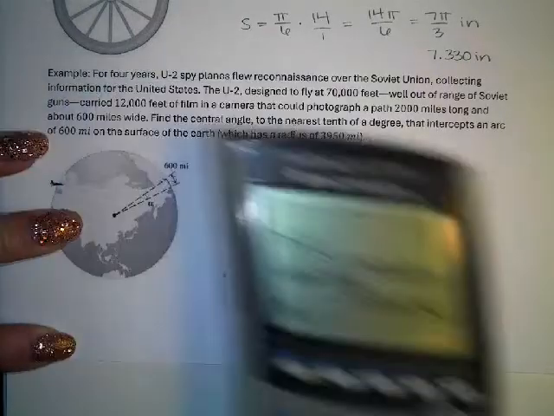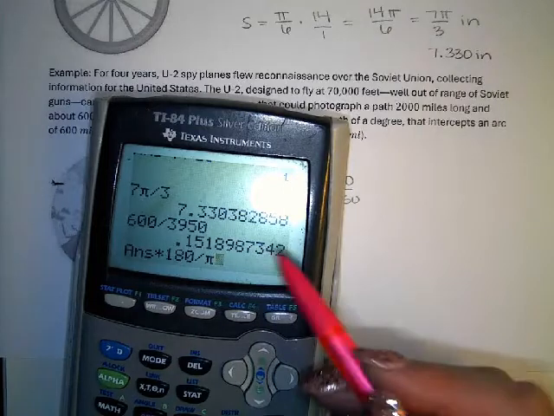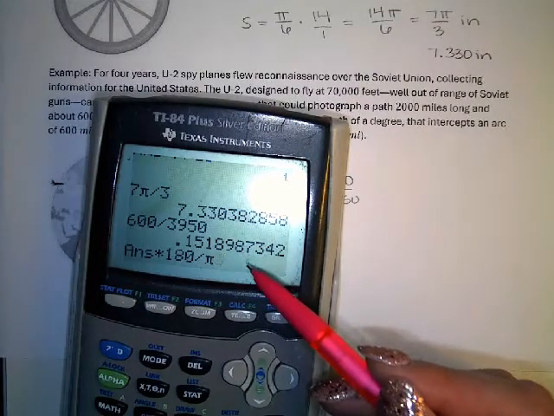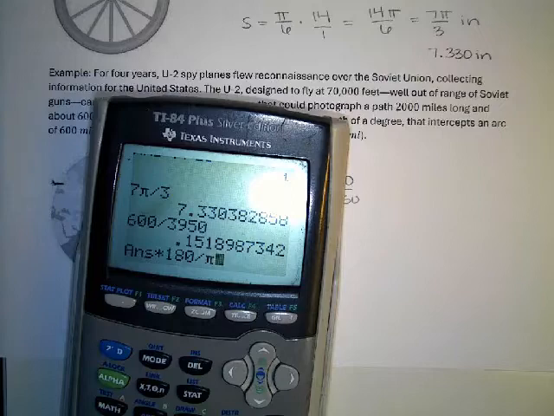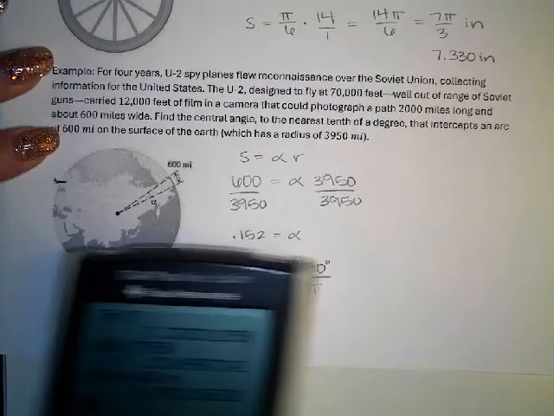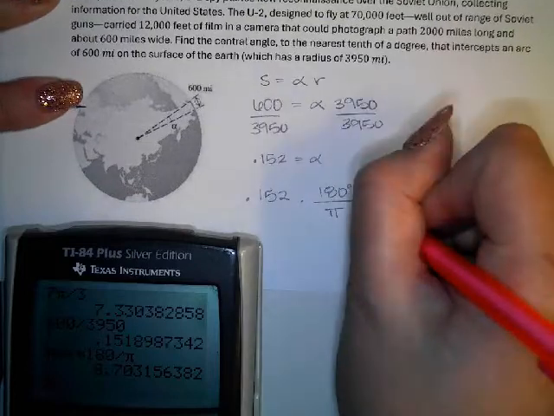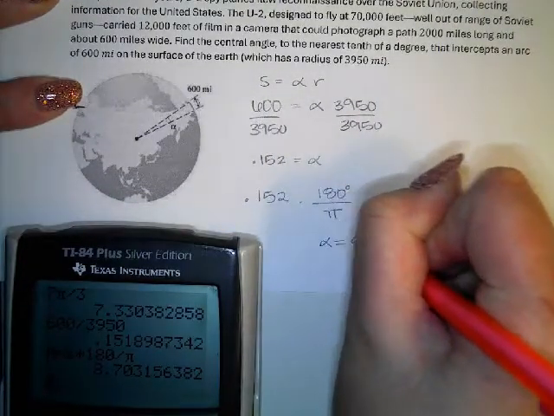And you'll notice that even though I rounded this decimal to write it on my paper, I'm not going to plug in the rounded version when I calculate this because then my answer will be a little bit wrong. So I'm using that exact answer when I do my calculation here. So alpha is 8.7 degrees. Rounded to the nearest tenth is 1 decimal place. So 8.7 degrees.